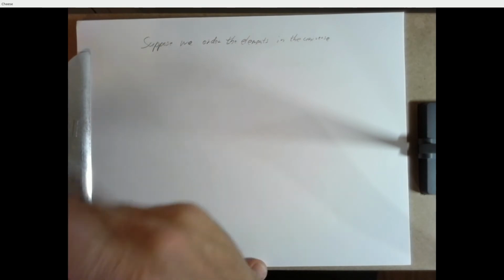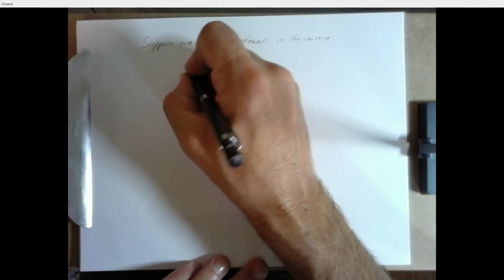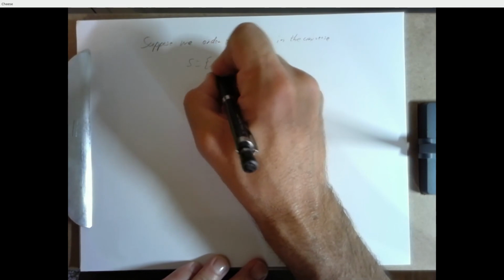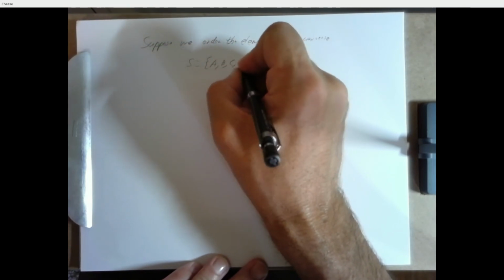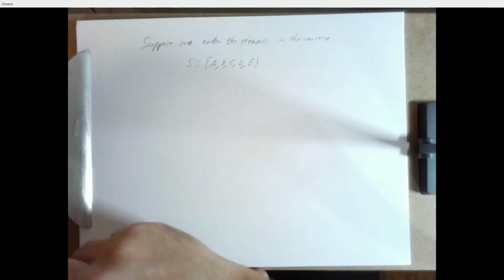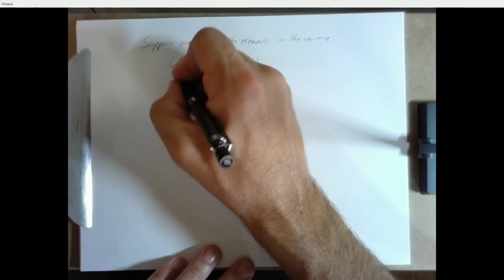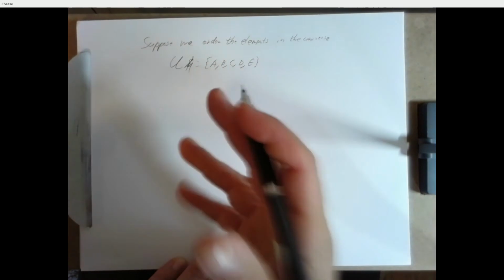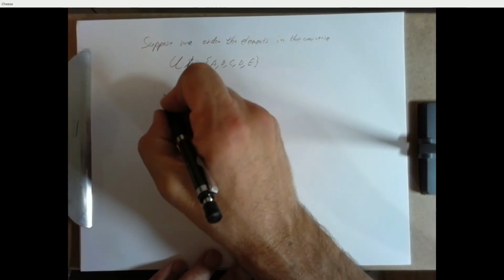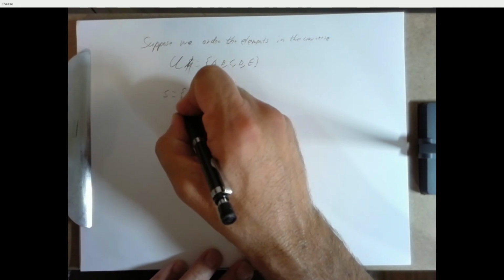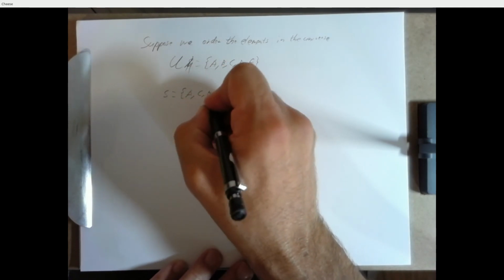So suppose we have a set consisting of A, B, C, D, E. And let's say that's the universe, okay? So the set of all possible symbols is A, B, C, D, E. And we have some set in here, for example, some set containing A, C, and D.